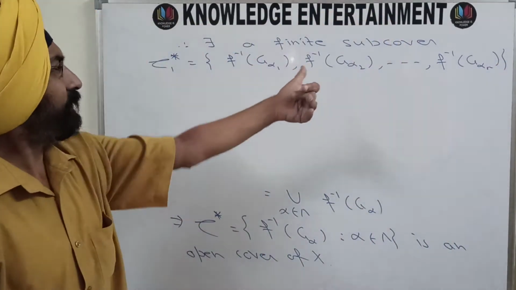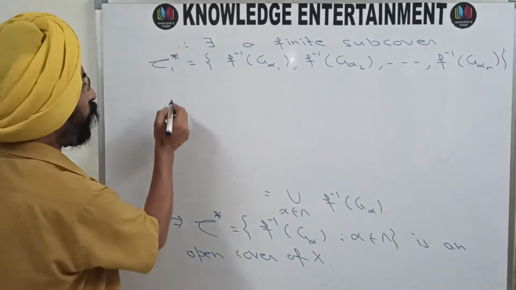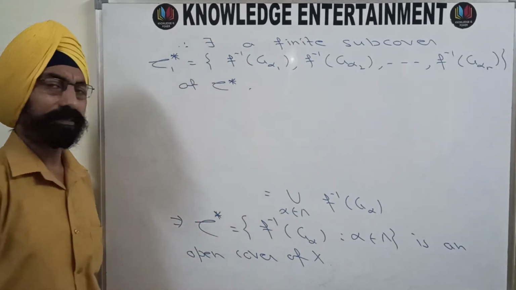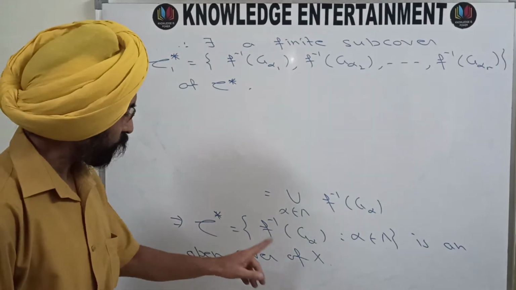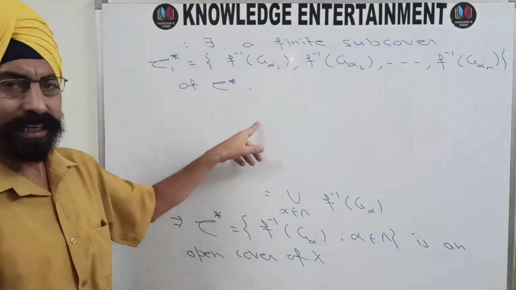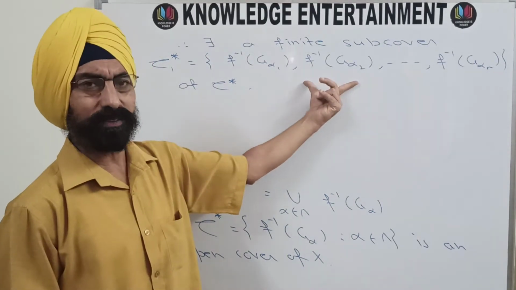So there exists a finite subcover C1 star of this open cover C star. C star was an open cover of X, and here we have a finite subcover of C star. So the union of these members will also cover X.